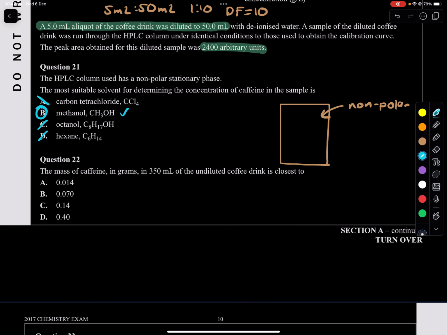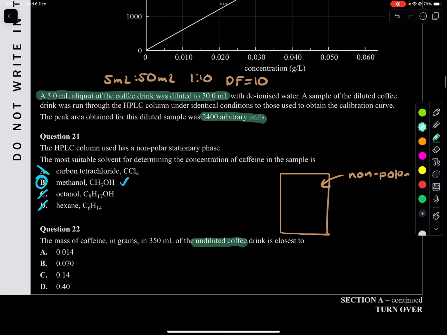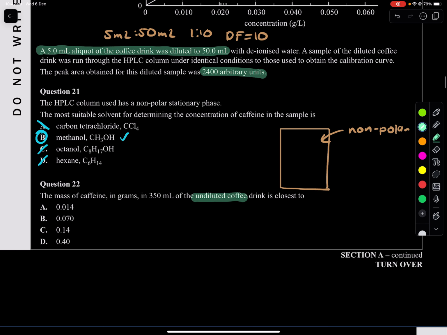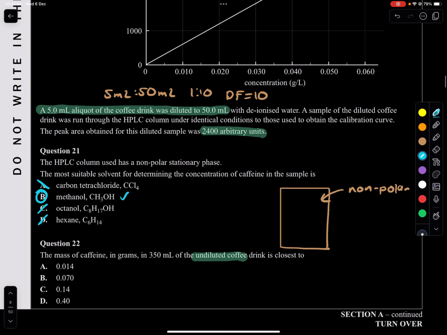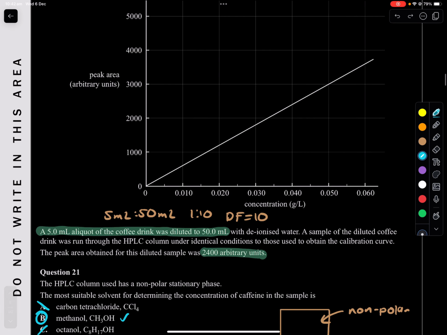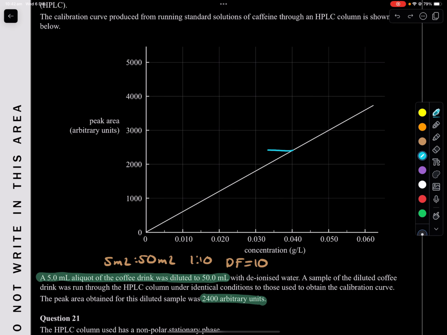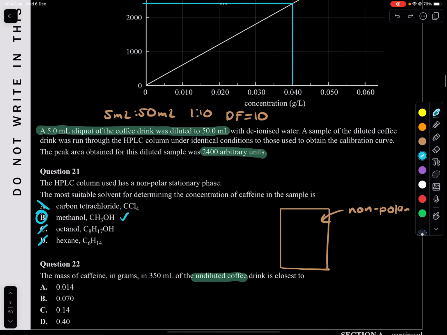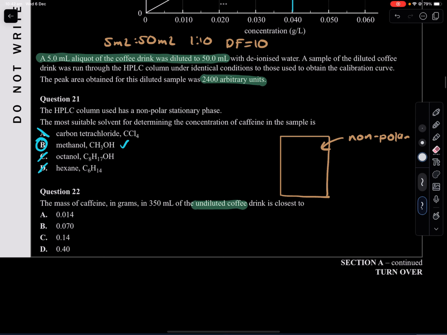The mass of caffeine in grams in 350 milliliters of undiluted, be careful, undiluted. So we're going to use our dilution factor to calculate this. So that's easy. So what I'm going to do first is go to my 2,400 RBD units and see where that is. It's right over here, actually. So where is our concentration? Our concentration is, let's write that down, 0.040 grams per liter.